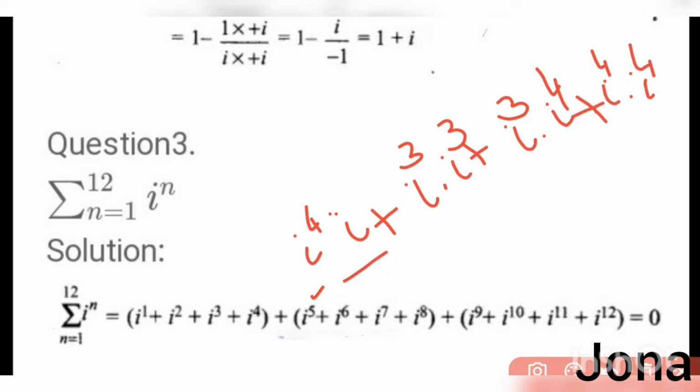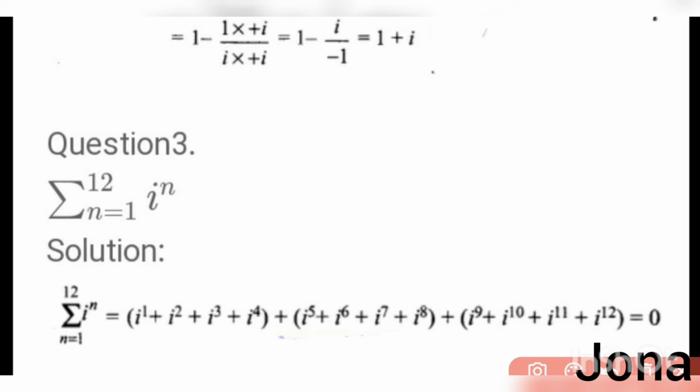Here the value is i, here it is minus 1, here minus i, and here it is plus 1. So here also it will be cancelled. Each bracket will be cancelled like this, so the final answer is 0.